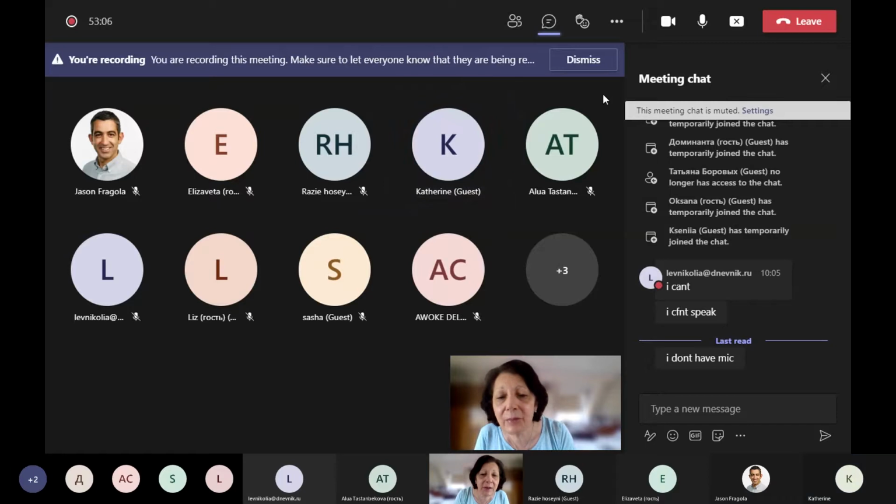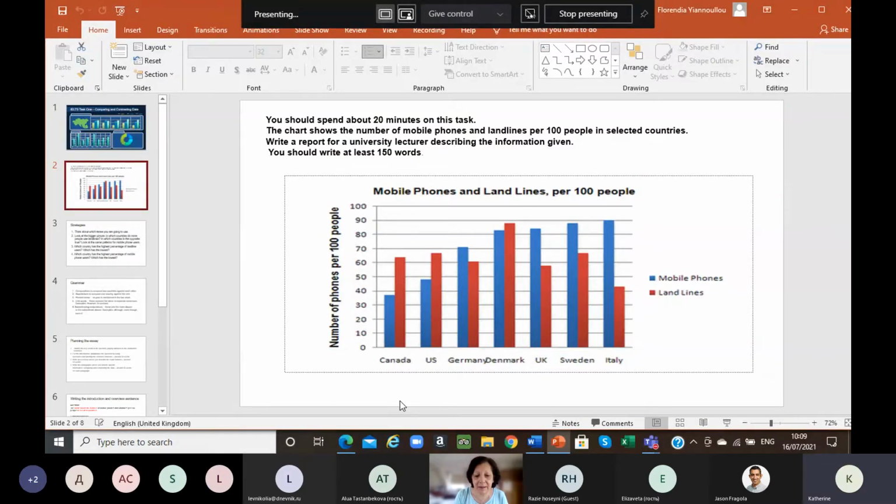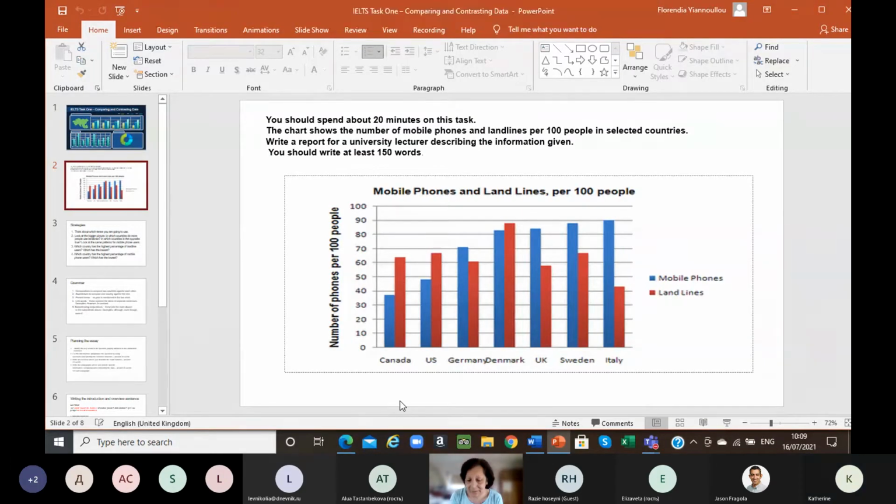Someone there? Catherine, was that you? Yes, that's me. Excellent. So, Catherine, can you tell me what you see in this bar chart? A number of phones for 100 people in different countries.